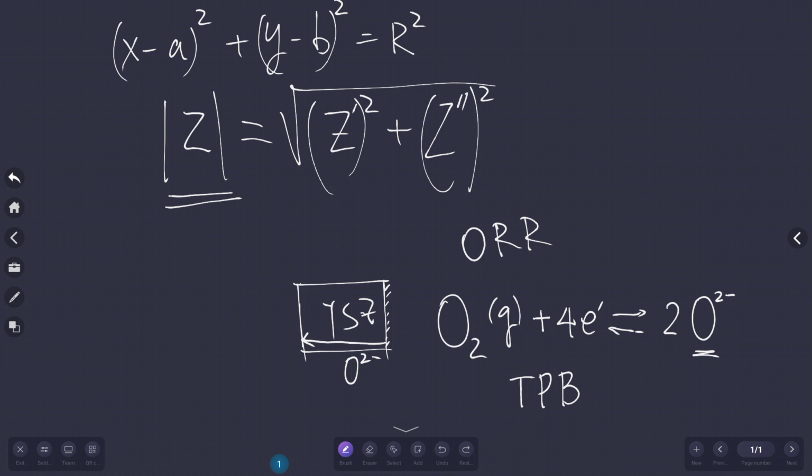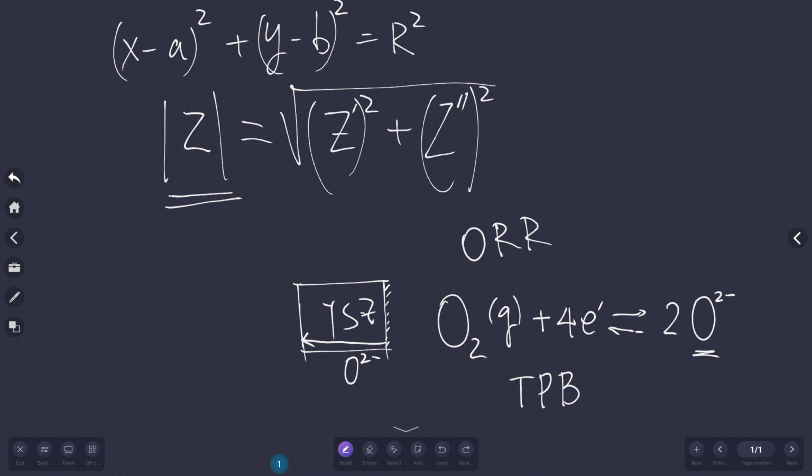If the diameter of your pores is comparable to the diameter of the oxygen molecule, you get the so-called Knudsen effect. Your oxygen molecule, to get to the TPB, will be bouncing off the walls of your pores. On the other hand, if the pore size is large compared to the mean free path, oxygen will quickly get there.